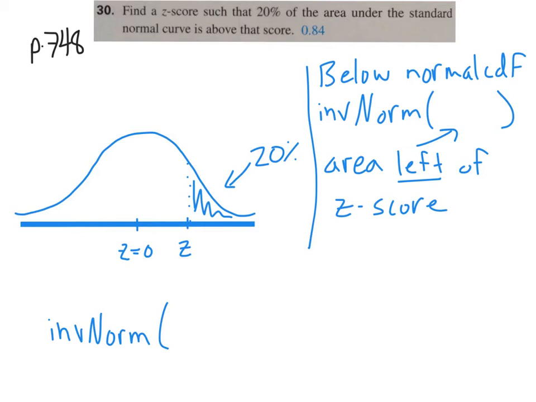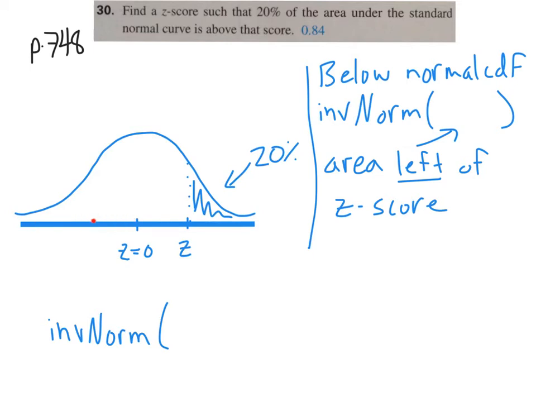So again, I recommend you draw a picture first. It says 20% of the area under the curve is above that score. This is important because that automatically means that our z has to be on the right-hand side. How do I know that? Well, if I say my z is on the left-hand side, and they're saying that 20% of the area is above it, don't forget, right down the middle there's automatically 50% to the right and 50% to the left.